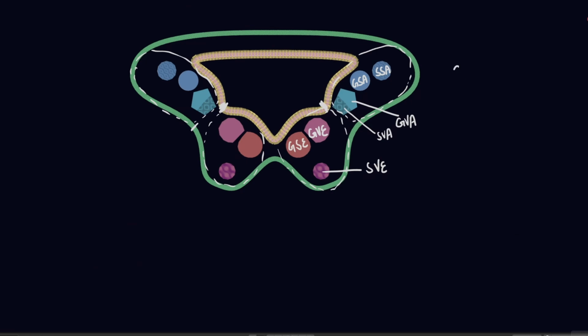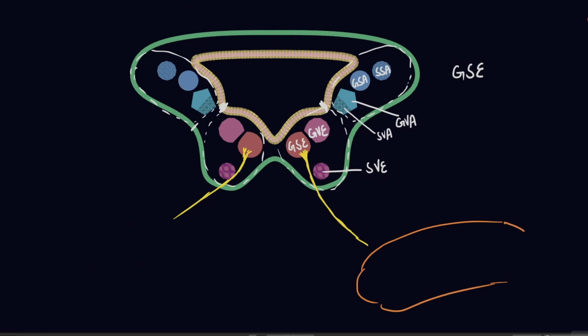If we talk about the general somatic efferent nucleus, from this nucleus nerve fibers will arise and come out of the medulla, and then they will supply the voluntary muscles of your tongue.